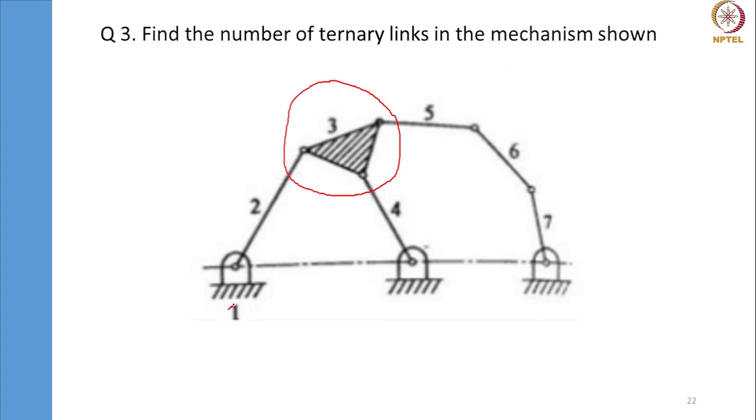As you see, here it is connected to 2, and again this is also 1, so it is connected to 4, and again this is also 1, this is connected to 7. So we have 2 ternary links in this planar mechanism as shown. This is one, and ground is also one ternary link here. Any questions?